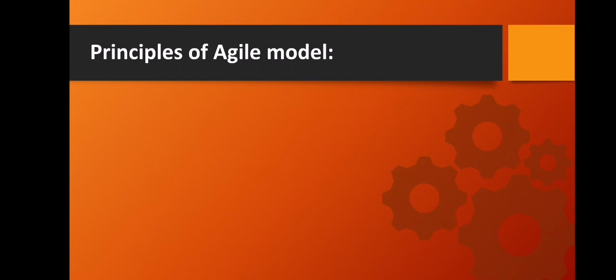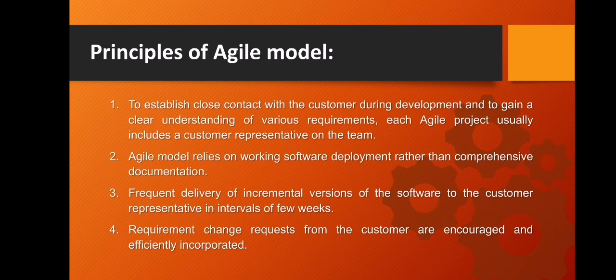We now go to the principles of the agile model. Here are the following principles for the agile model. First is to establish close contact with the customer during development and to gain a clear understanding of various requirements.